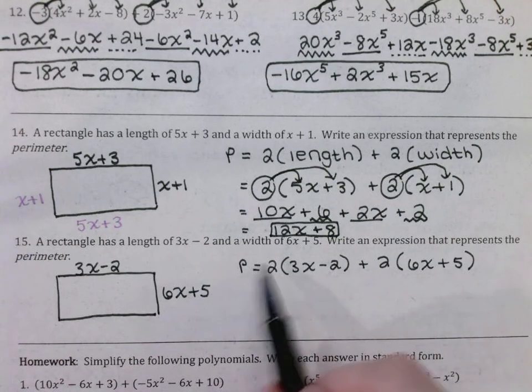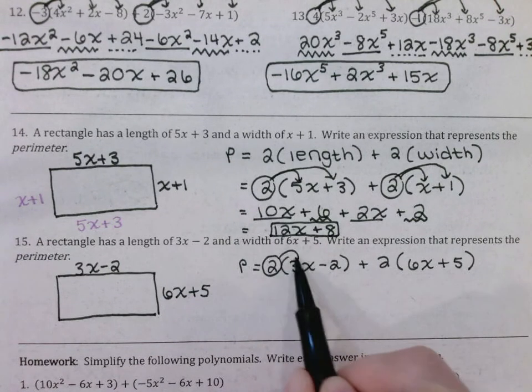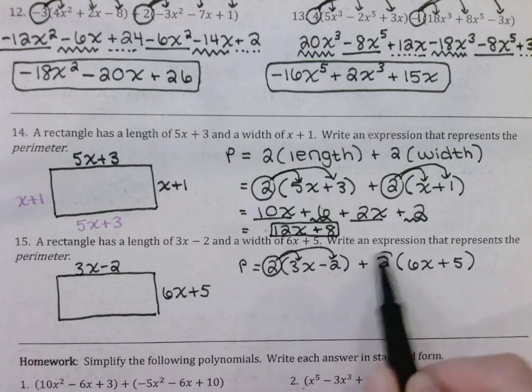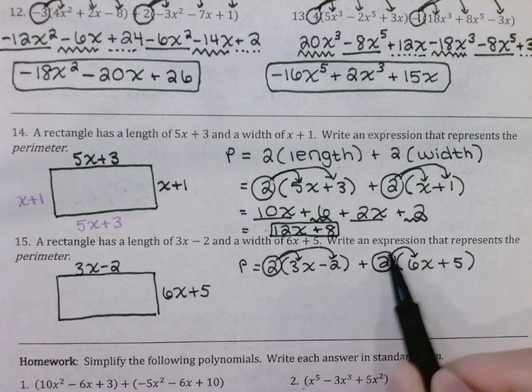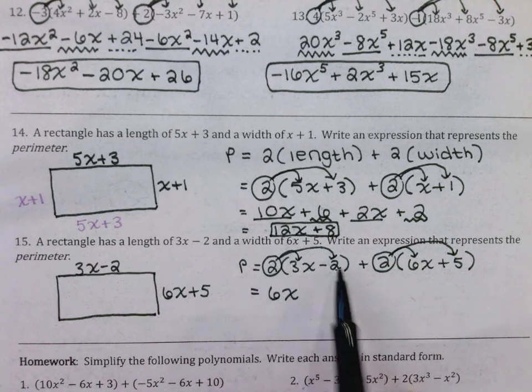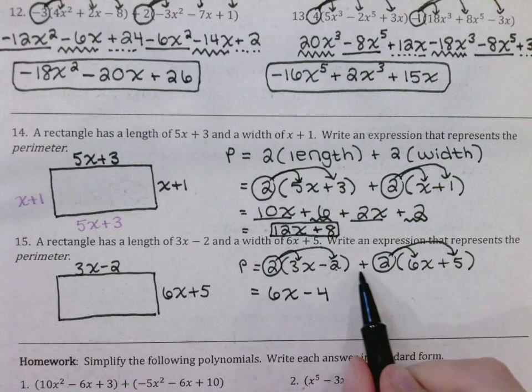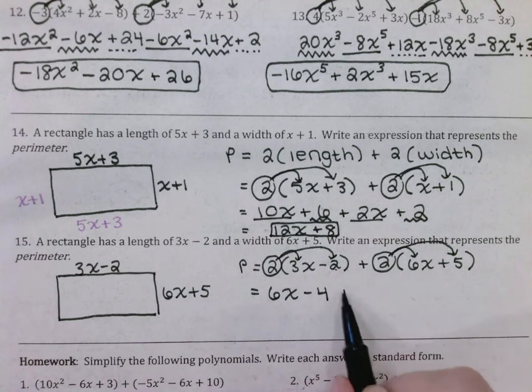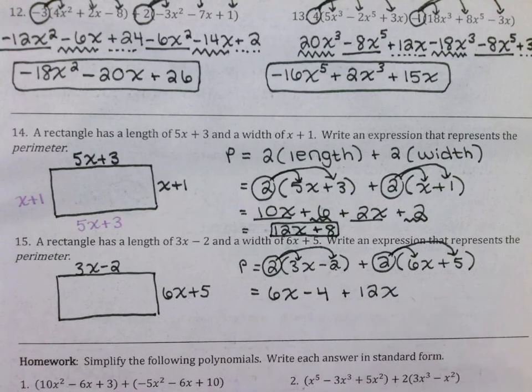And so again, we're going to have to distribute these 2's inside the expressions, inside the parentheses. So that's going to give us 2 times 3x, that's 6x. 2 times negative 2, that's minus 4. Plus 2 times 6x, that's 12x.